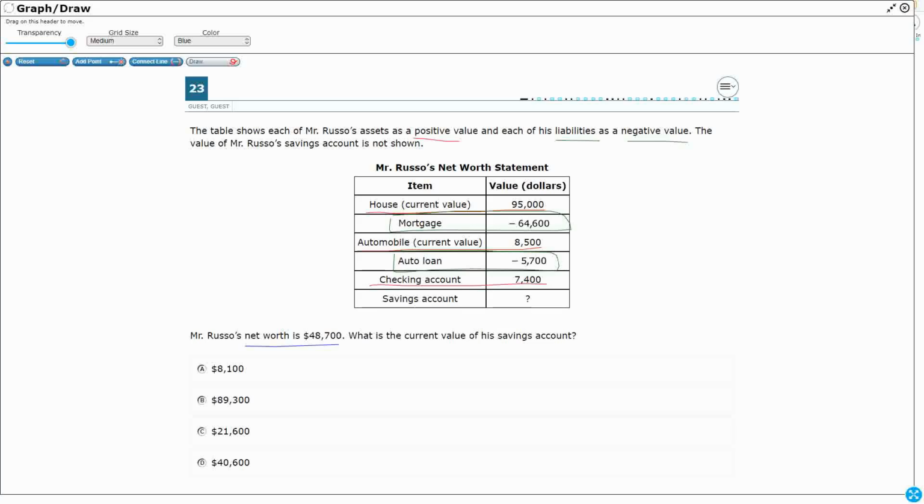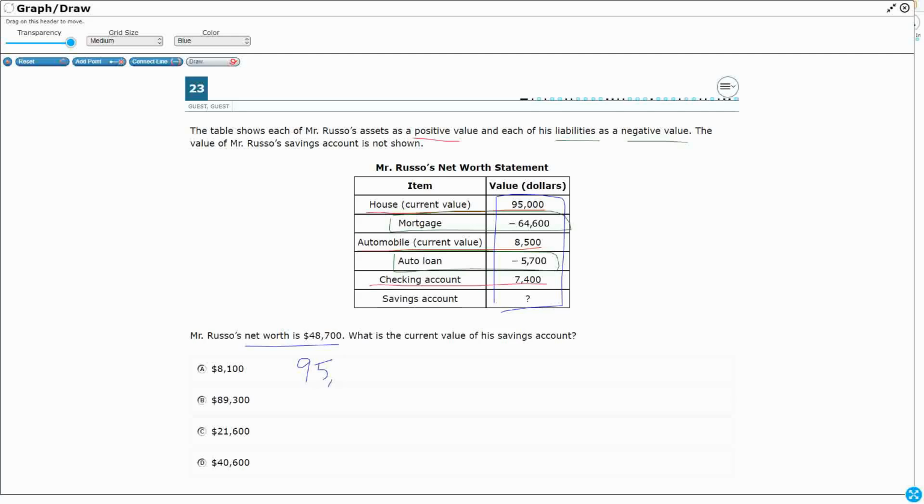So, how do we put this together? Well, really, what we're doing is we're just going to be adding all of these together and then making that equal 48,700, right? So, we can look at it like this.